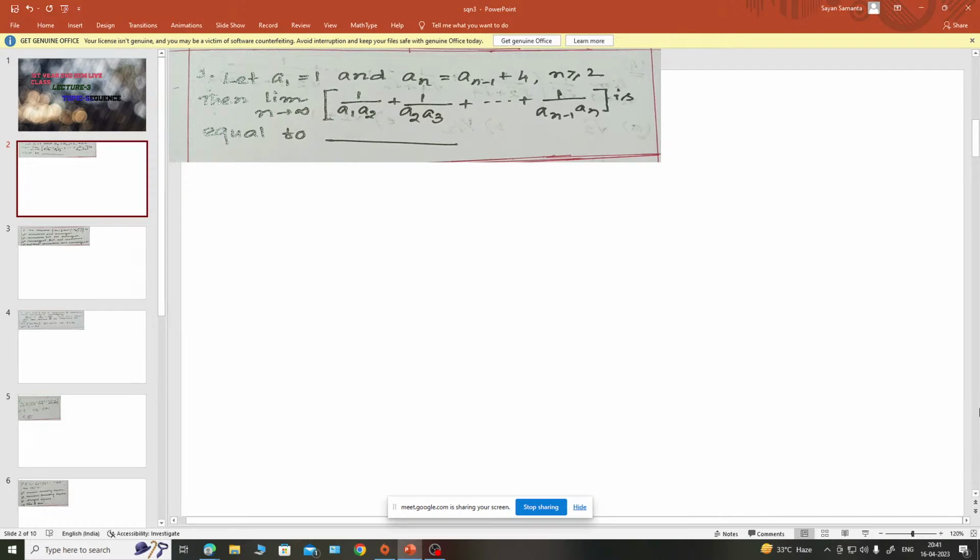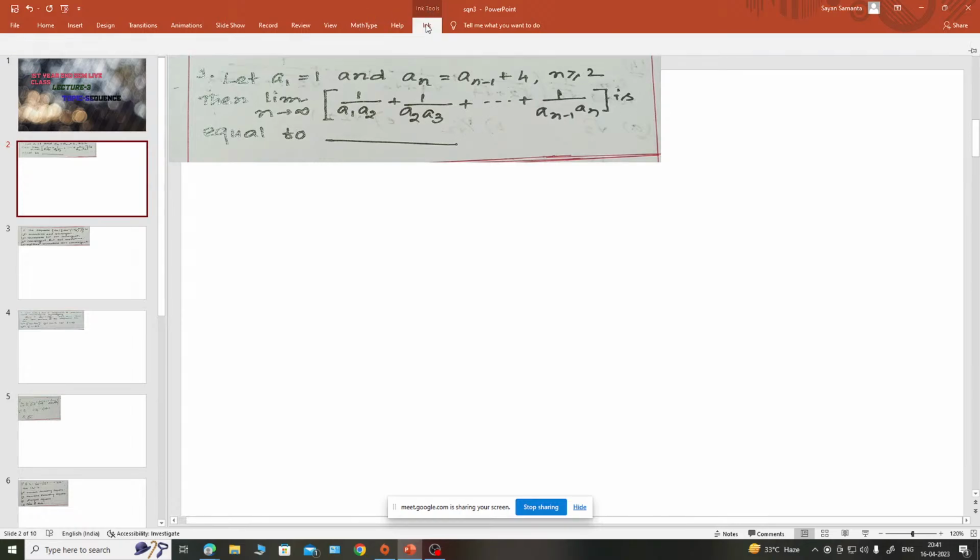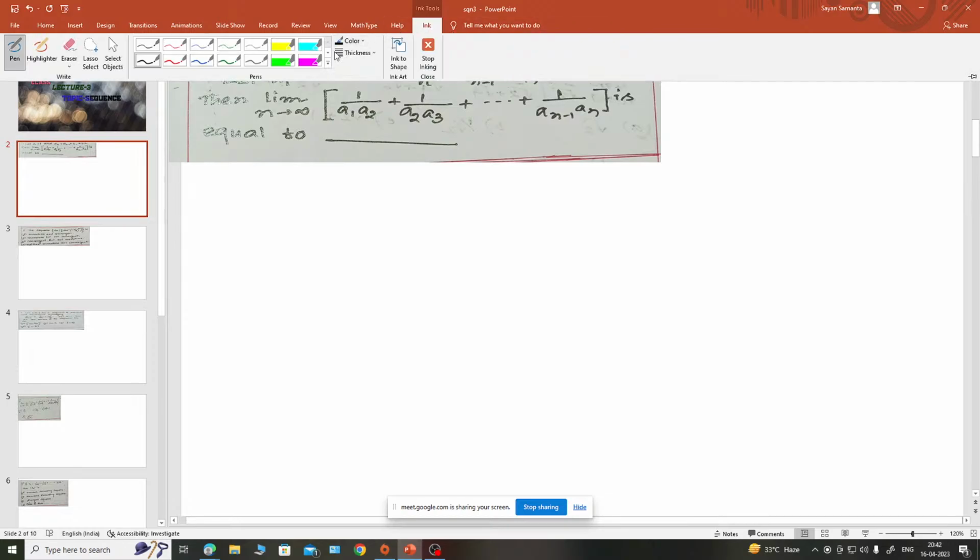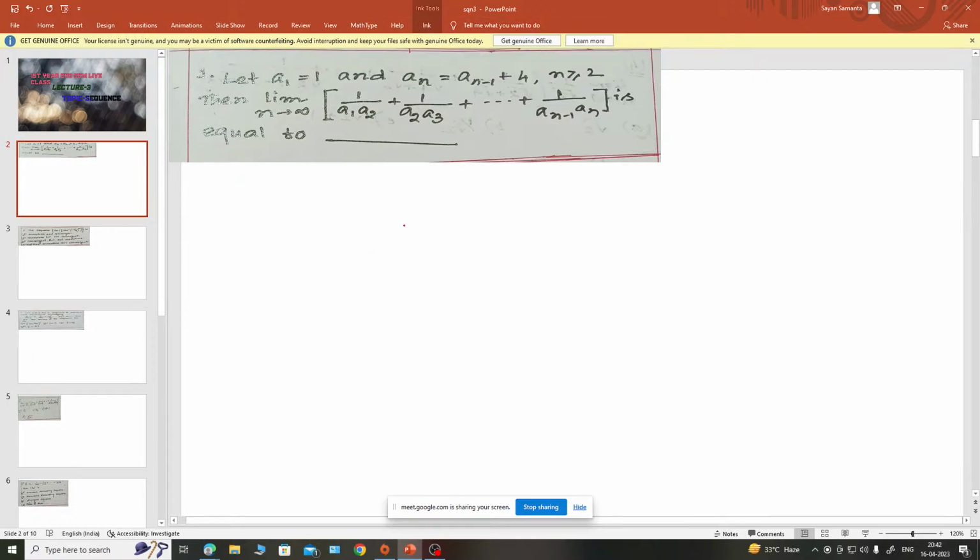Let a1 is equal to 1 and an is equal to an minus 1 plus 4, n greater than or equal to 2. Then the limit as n tends to infinity of 1 by a1 a2 plus 1 by a2 a3 plus so on is equal to which option is correct? Everyone try and please comment what is the answer.